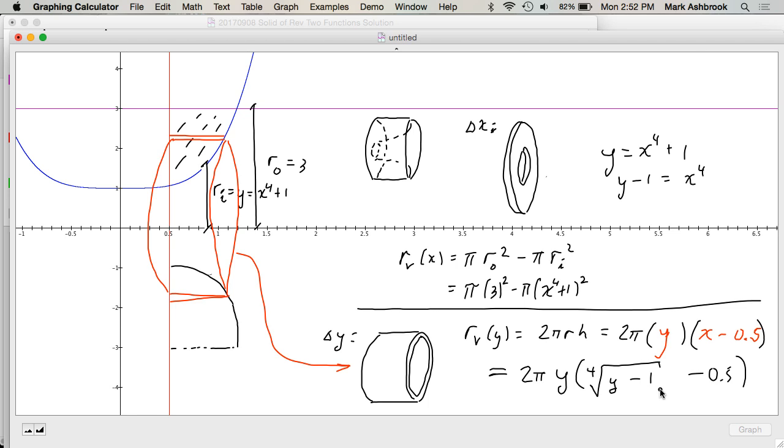According to that curve, x is the fourth root of y minus 1. So there's our rate function for delta y intervals. Here's your rate function for delta x intervals. We know that's 95% of the battle right there, getting those rate functions. Then you can write your volume functions using integrals.